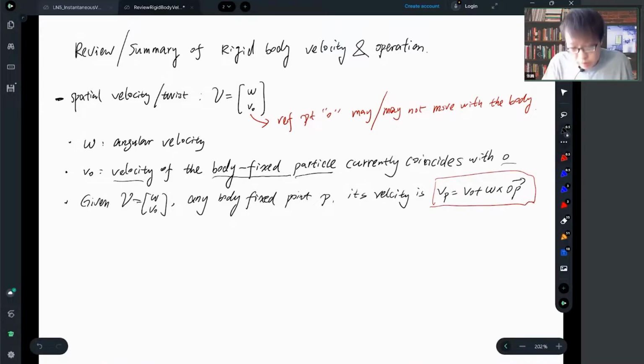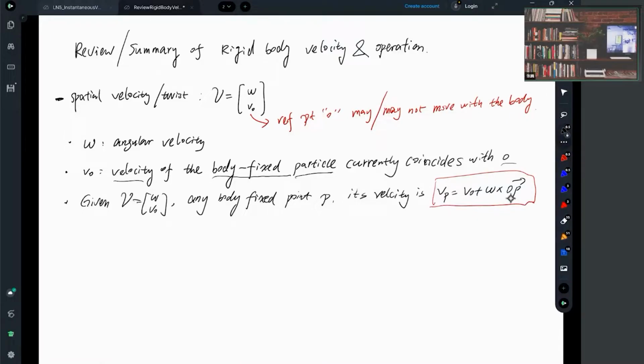If you forgot how to derive things, always go back to the definition of twist and use this parameterization. You can find the velocity of any body-fixed point, and we derived that and discussed it many times.